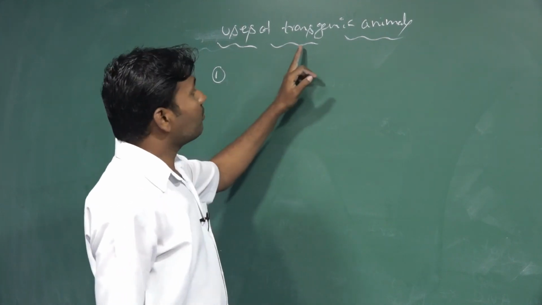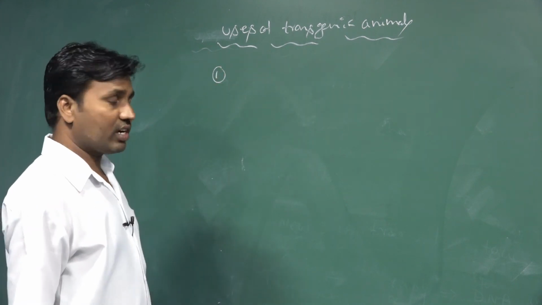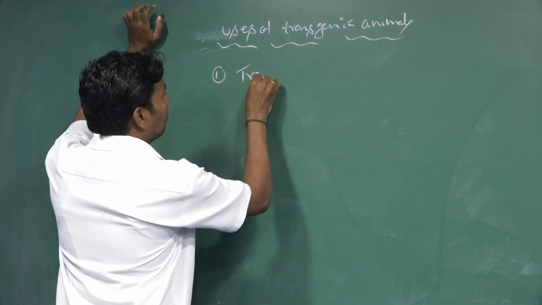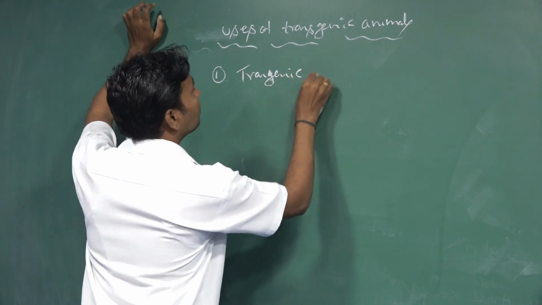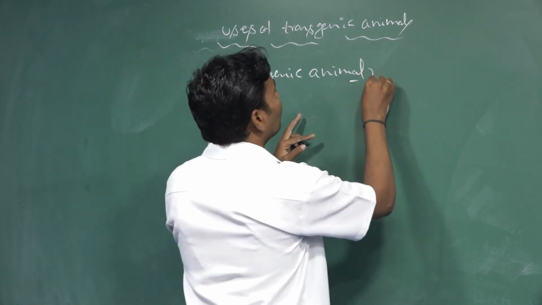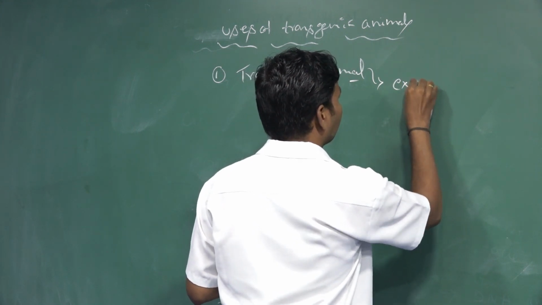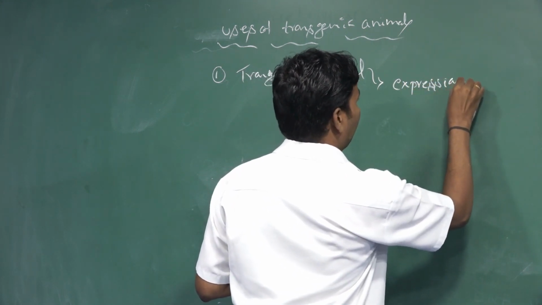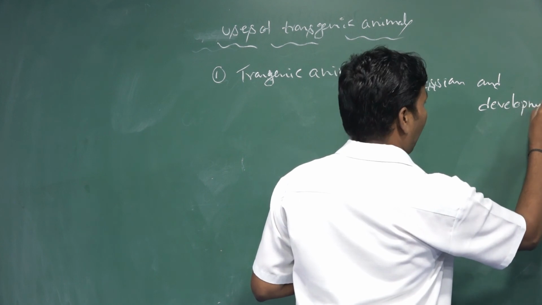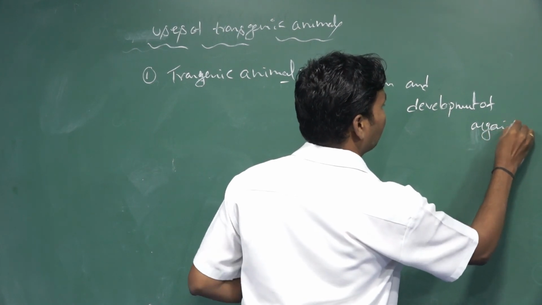Next one, uses of transgenic animals. What is the advantage or use of transgenic animals? Transgenic animals are a powerful tool to study gene expression and development of the organism.